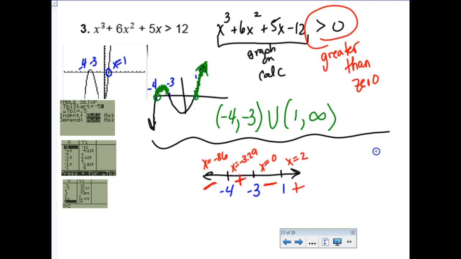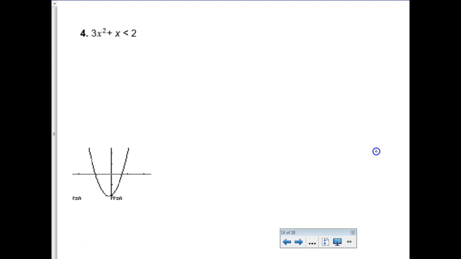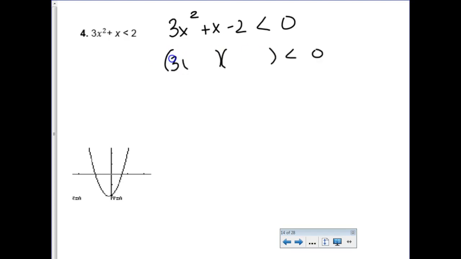But be careful. All right, again, this is not in standard form, y'all, so you need to get it in standard form and then hope for the best. So 3x squared plus x minus 2 is less than 0. And this one factors, I think. All right. So what if we do x plus 1 and 3x minus 1?